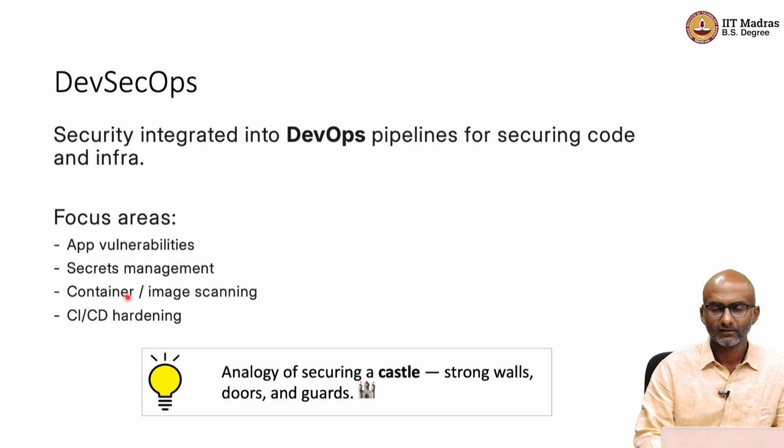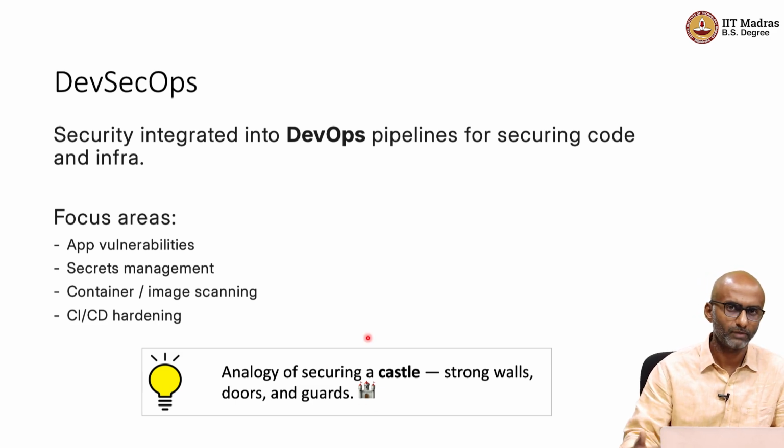So the analogy that you can think of here is one of securing a castle, in the sense of something very precious that you want to protect, and you've got a significant amount of asset investment that needs to happen around it so that the access to that asset itself is controlled.